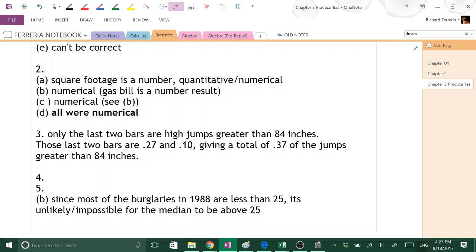C, the number of burglaries in 1989 is higher than the number of burglaries in 1988. I would say that's true, since there were more burglaries per month in 1989 than in 1988. So C looks like it would be correct. How do we write that?